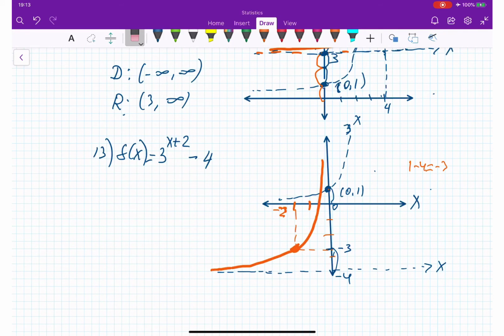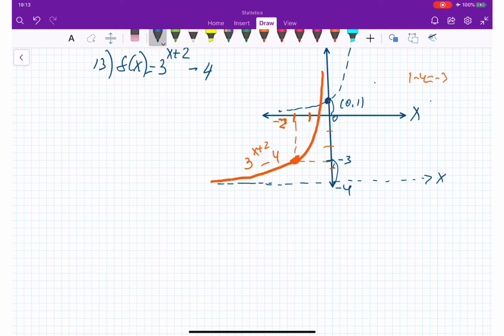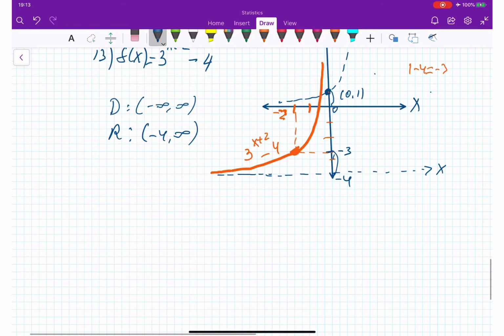All right. So this is going to be 3 to power x plus 2 and all this minus 4. Let's do domain also. Domain and range we need to do. So domain, it's going to be again negative infinity, positive infinity. Range is starting from where? You're right, negative 4. Negative 4 to positive infinity.